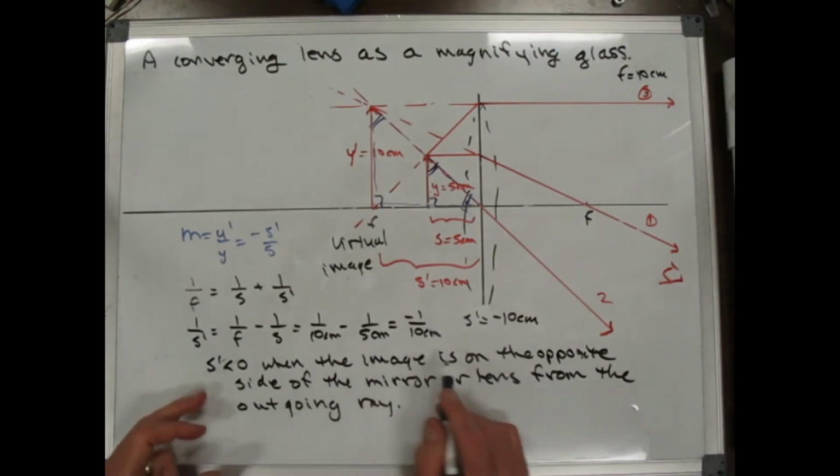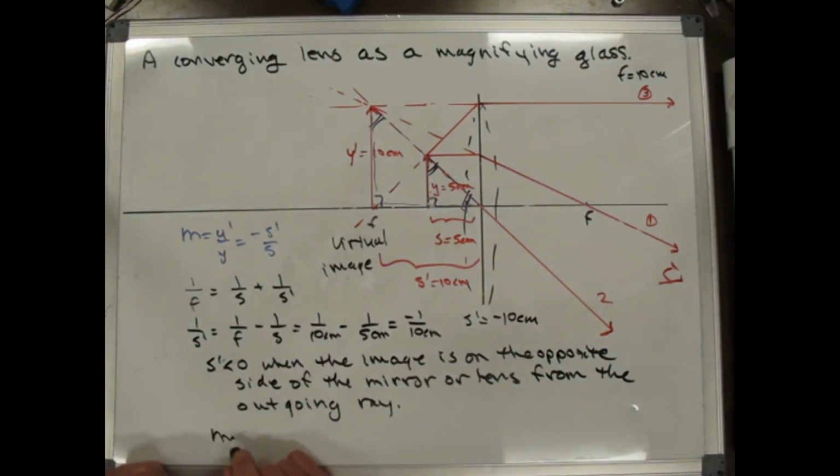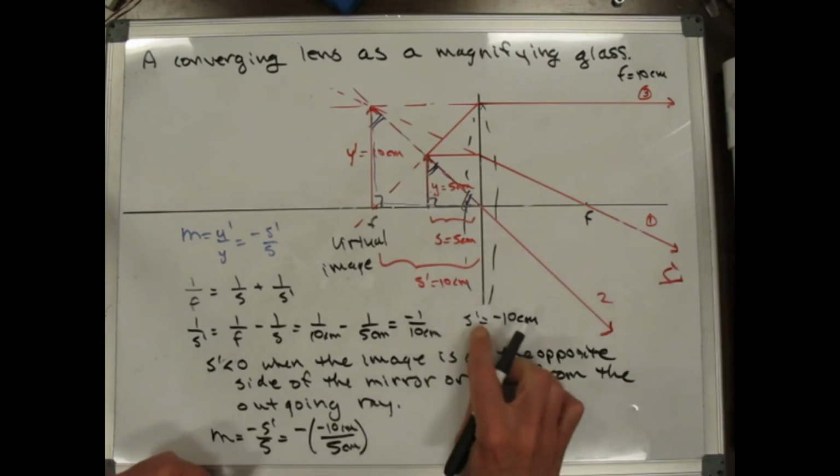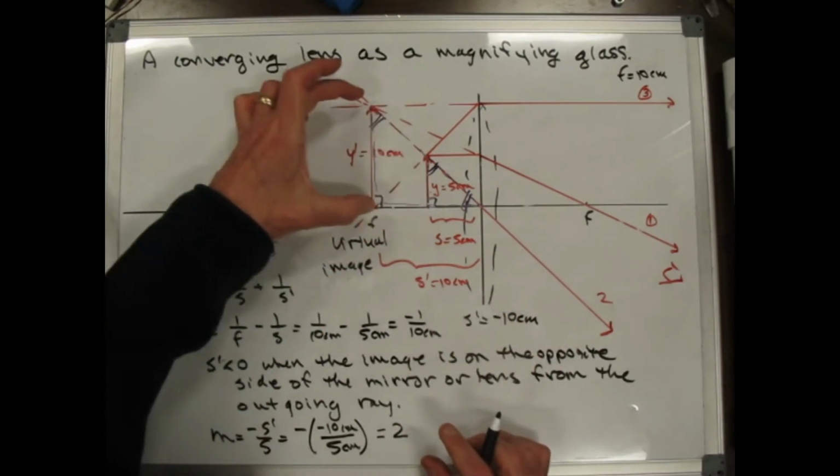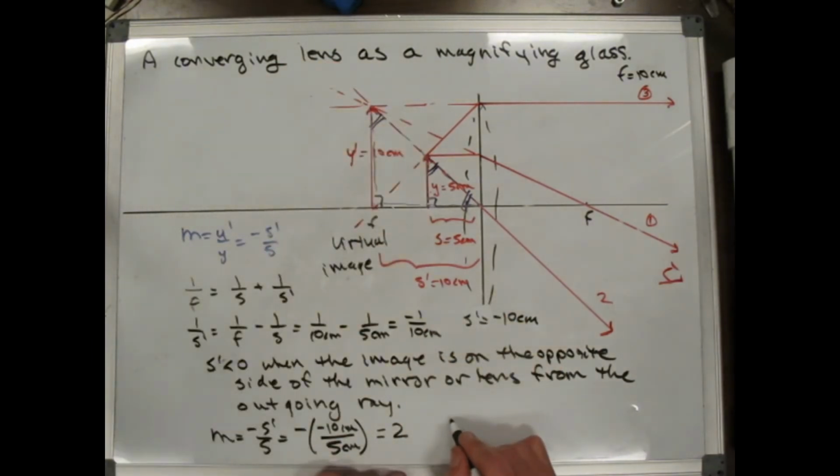So the magnification is minus S prime over S. That's equal to minus minus 10 centimeters over 5 centimeters, right? Because S prime was minus 10 centimeters, and the magnification is minus S prime over S. And so that's equal to 2. The magnification is 2. In other words, this is twice as big as that.